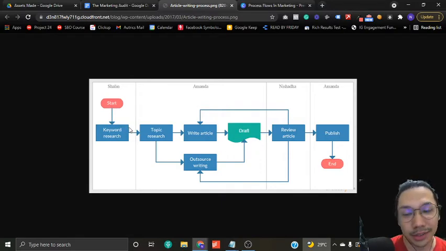So how do you start keyword research? Do you start with Googling? Do you start with using software? Do you start with, I don't know, a website audit to see what the websites are already ranking for? So within keyword research, we'll have its own process flow. Within topic research, we'll have its own process flow.